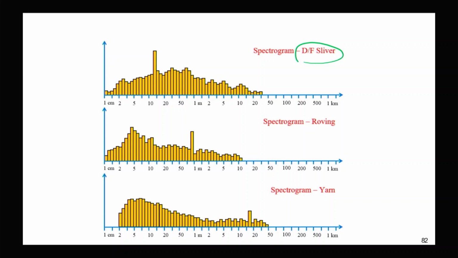Spectrogram, if you test, suppose there is a defective roller. And another thing we can see here: in the spectrogram, the x-axis is in logarithmic form.